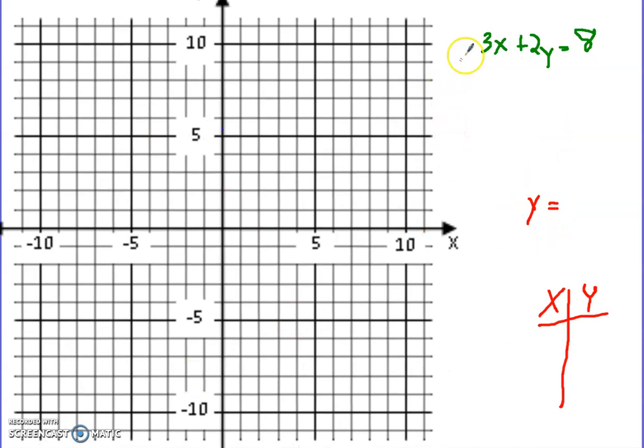So we want this equation to be y equals. We're going to subtract 3x from both sides. You can write 8 minus 3x if you want, but I recommend that you put the x first. Notice it's -3x and a positive 8. Then you're going to divide everything by 2.